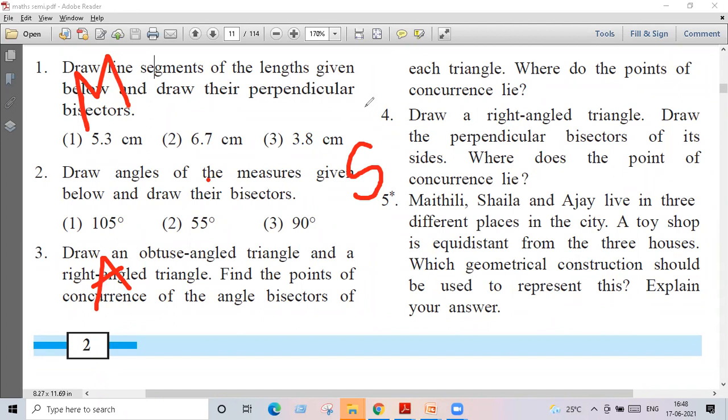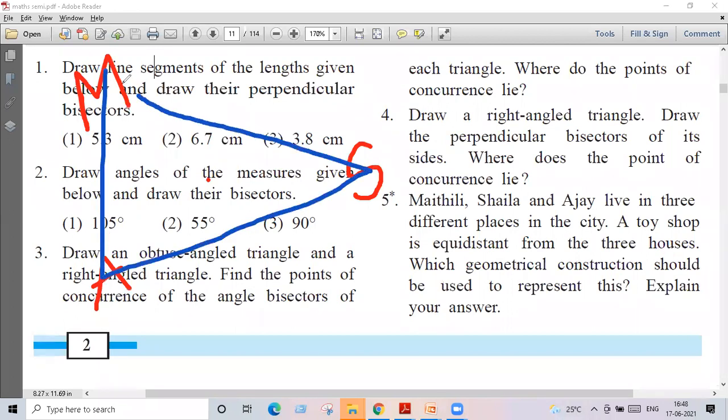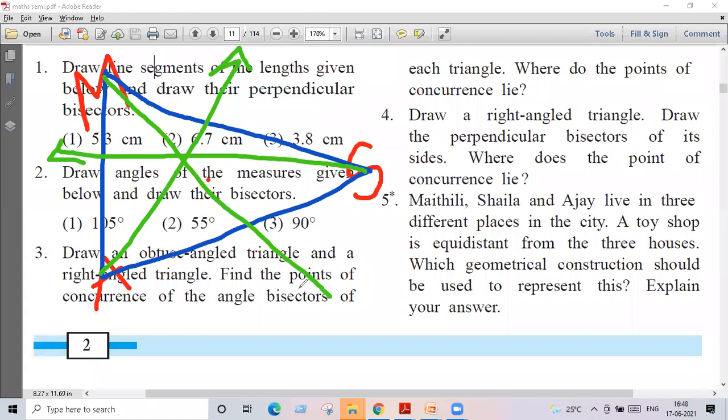If we draw the triangle like this, then we have to show that this is equidistant. So what do we have to do? We have to draw the angle bisector. What do we have to do? We have to draw angle bisectors. So here the angle bisector of A, then you have the angle bisector of S, and then the angle bisector of M. So this point, I will show you here.